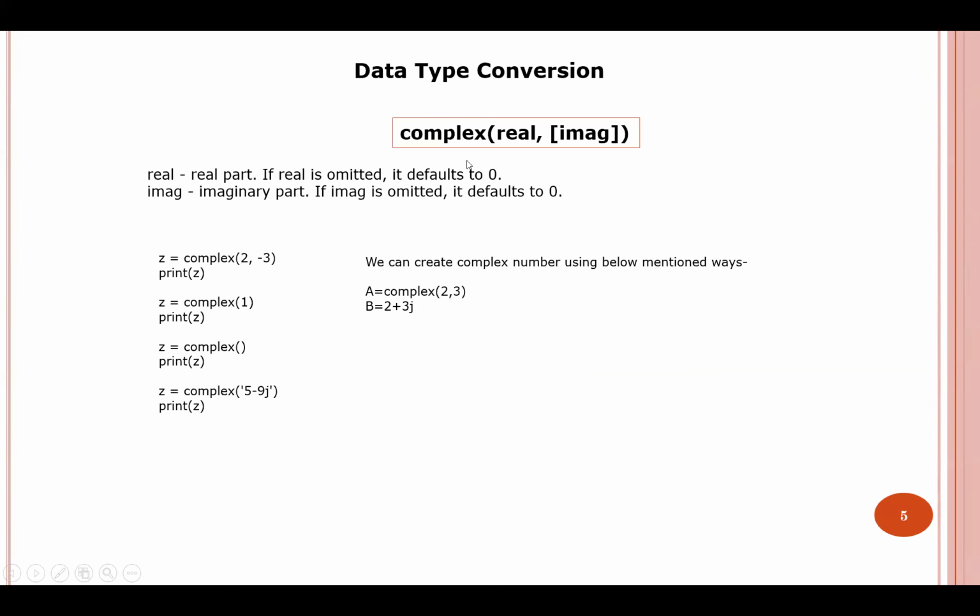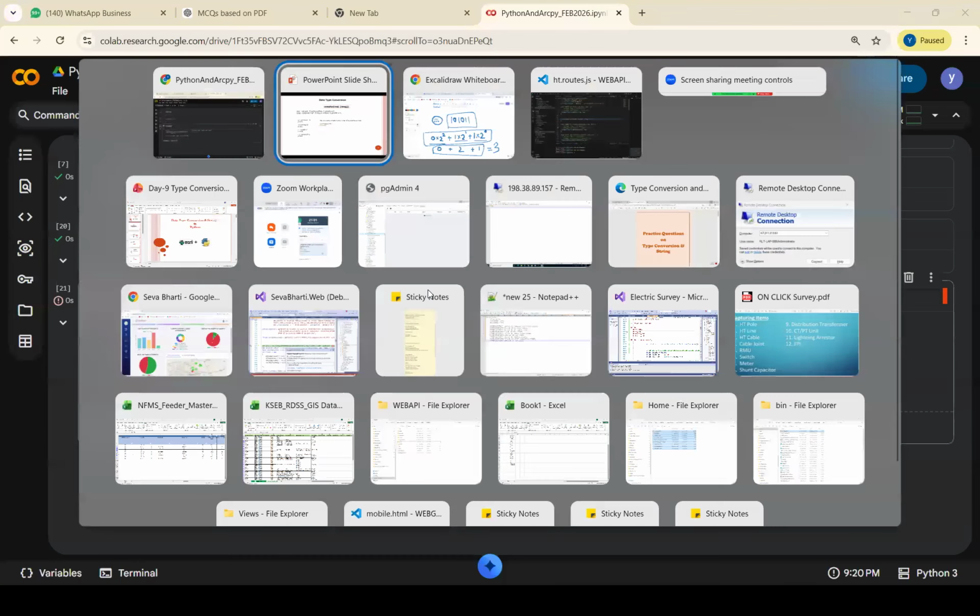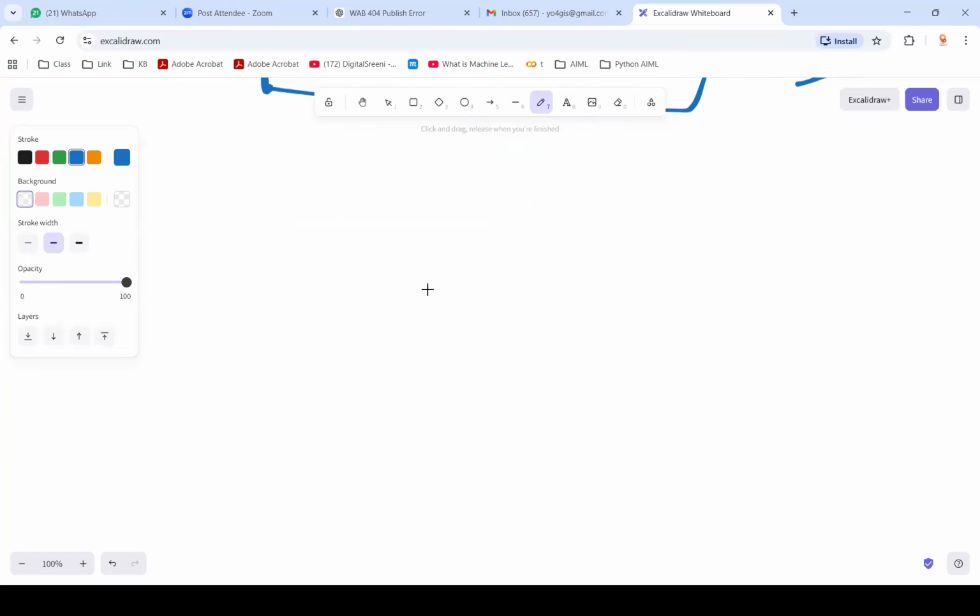Complex is a data type normally used in physics. We have already seen this kind of data type, like 2 plus 3i. Do you remember this?